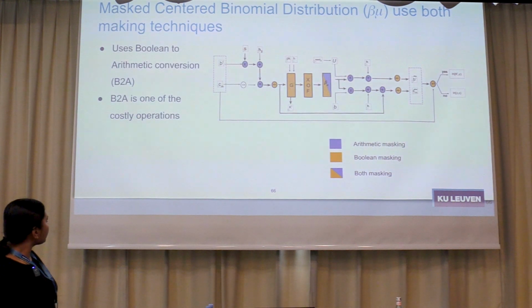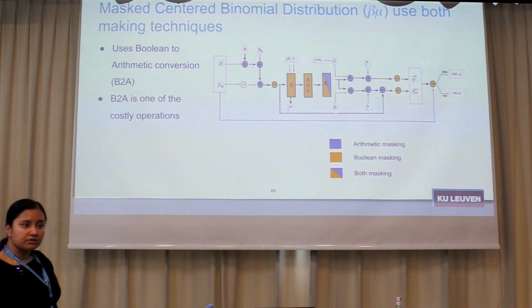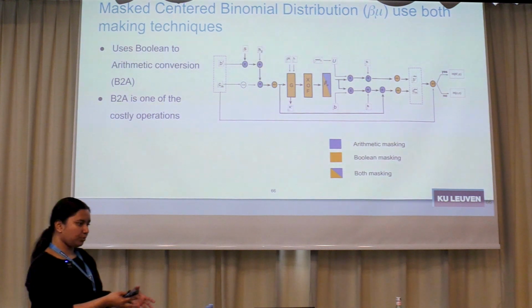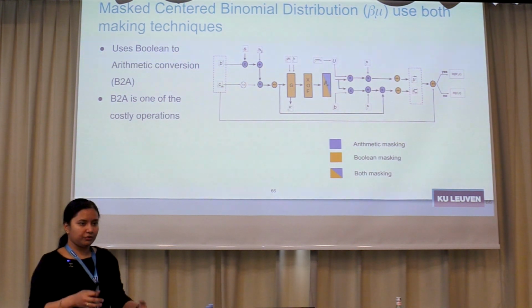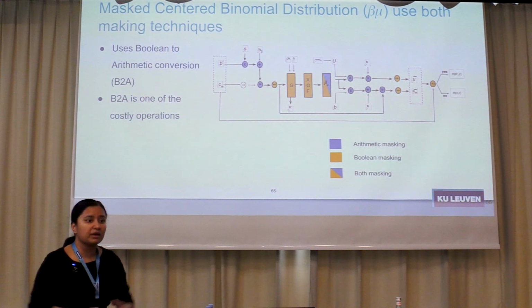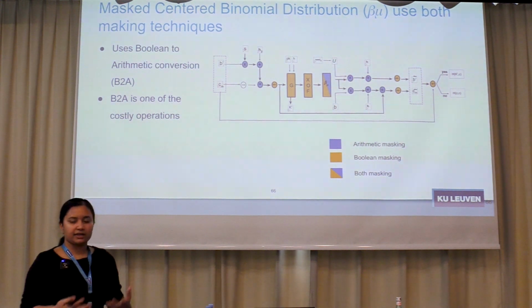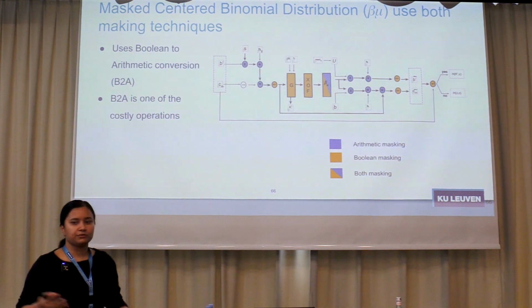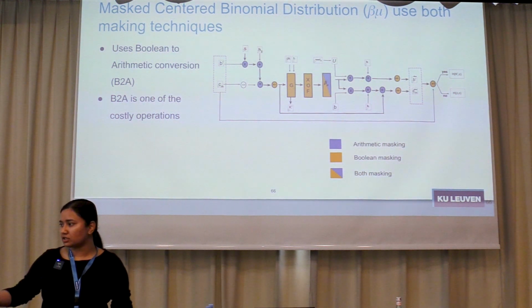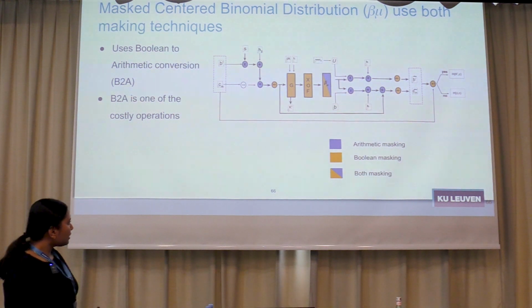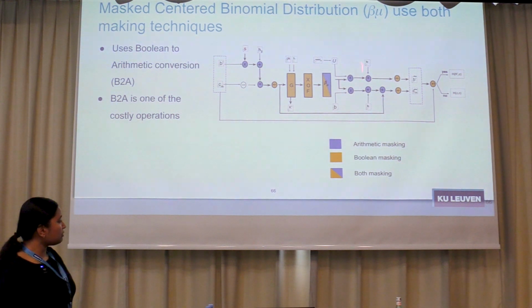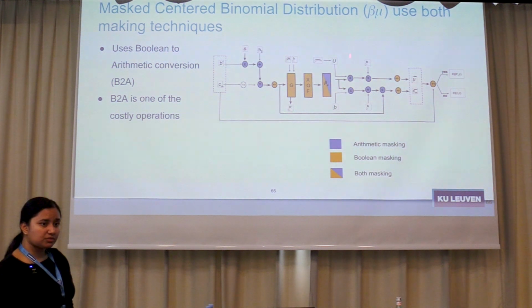And we do need some Boolean to arithmetic masking conversion, converting Boolean shares to arithmetic shares, because if you have two different kinds of shares, they don't merge. You can't act on the other shares, so you have to have a conversion algorithm which converts Boolean shares to arithmetic shares. And luckily, you can do it inside an operation as well.